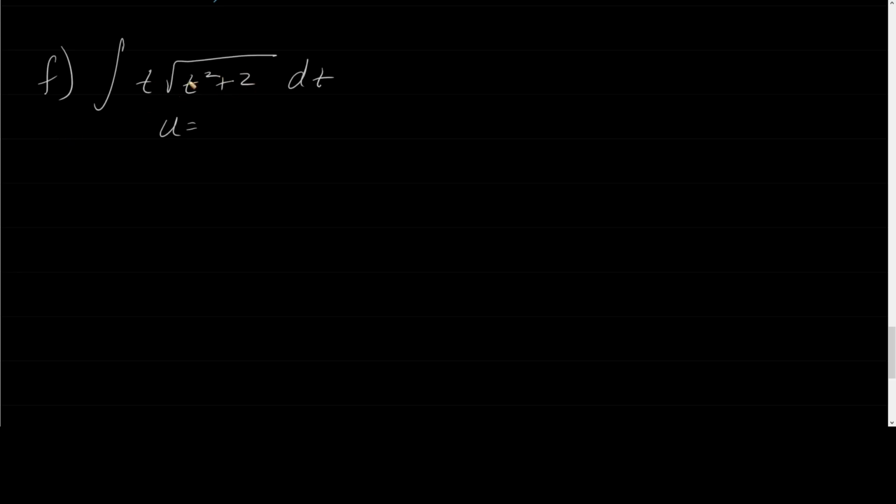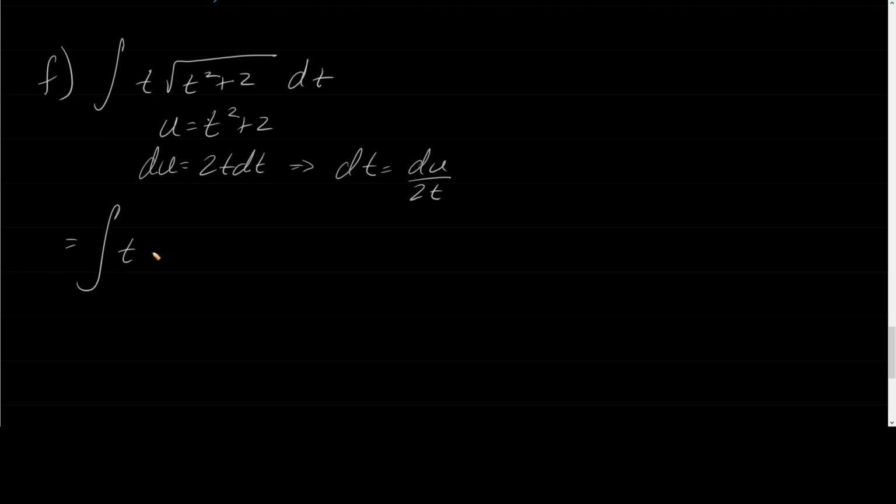This is a quadratic inside here, this is linear, so the quadratic's derivative is linear, so I'm going to make the quadratic be my u. My differential would be 2t dt, which tells me that dt is equal to du over 2t.